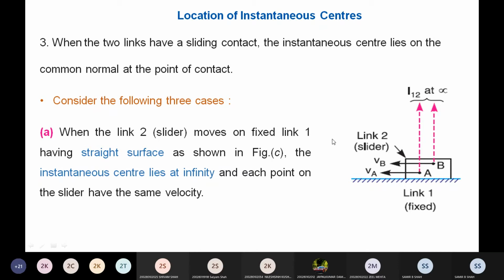When the link slides on fixed link one having a straight surface, the I center lies at infinity. And each point on the slider has the same velocity. Definitely the slider has the same velocity and its I center is at infinity. That is the one case where sliding contact is there.